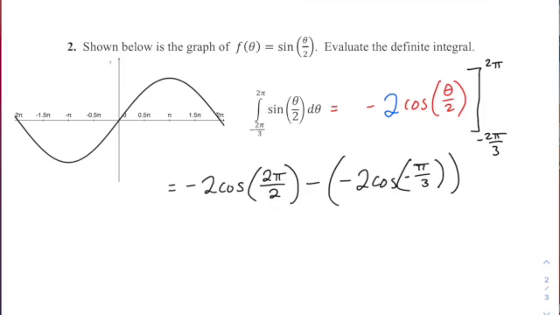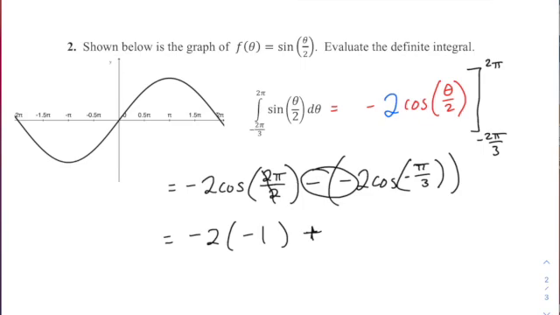And so now it's just a lot of trig, going back to your old unit circle days. So let's simplify, let's evaluate. This 2 pi over 2 on the inside is just pi. So negative 2 times cosine of pi is negative 1. Minus a negative, I'll just make that one big plus there.